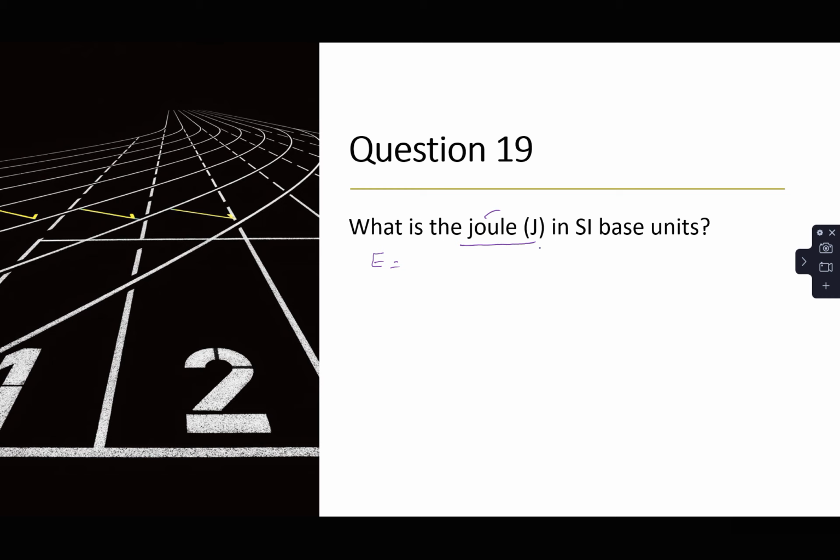I would prefer to use the simplest, mgh. So the SI unit of energy, which is the joule, is equivalent to the base units of energy, which are kilogram for mass, meters per second squared for acceleration due to gravity, times h.